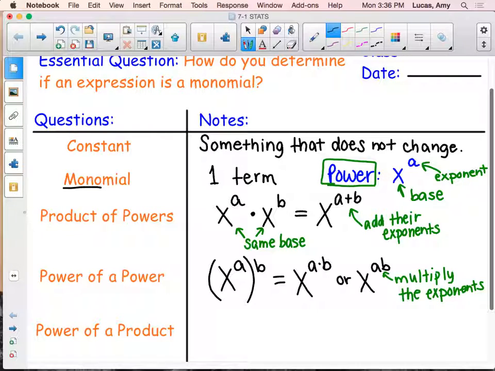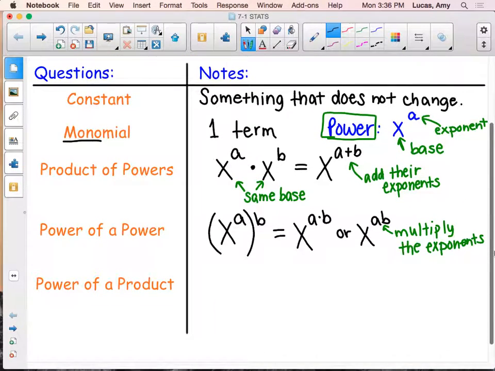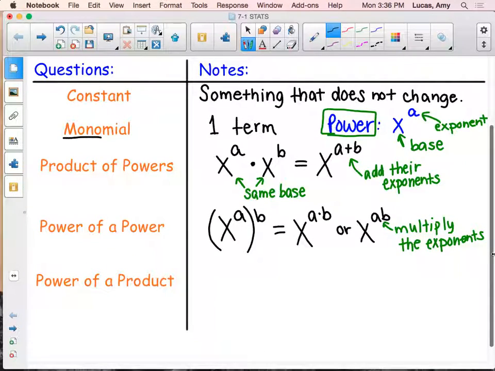And our third property says power of a product. So that means that you've got two things multiplied together. So you've got a product, and then you have a power on that product. So what happens with this is you distribute and multiply your exponents.